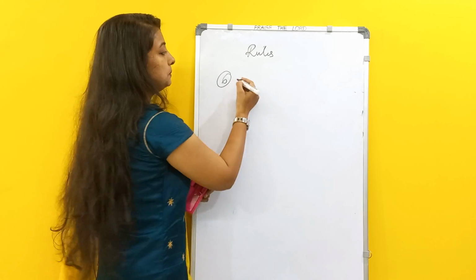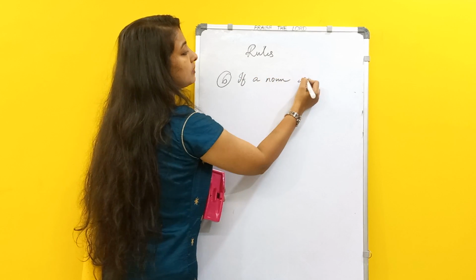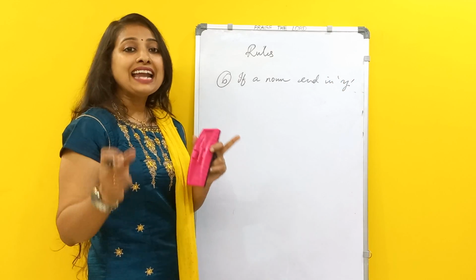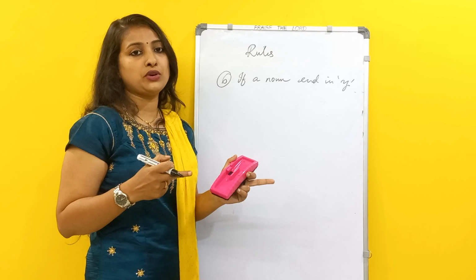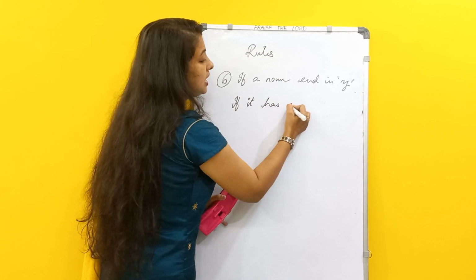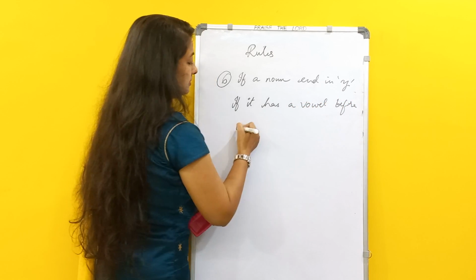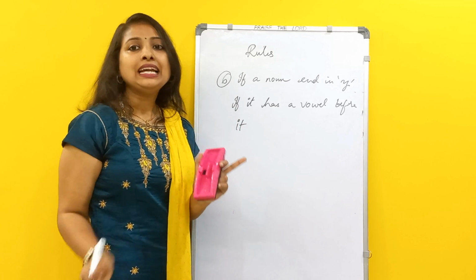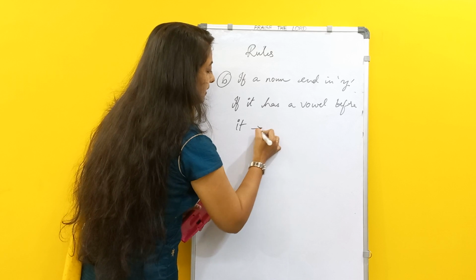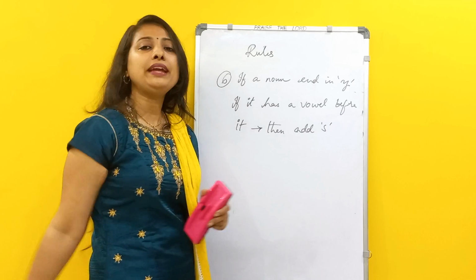In simple terms, if a noun ends in Y and it has a vowel before it, you simply need to add S. Then add S directly to make its plural form.